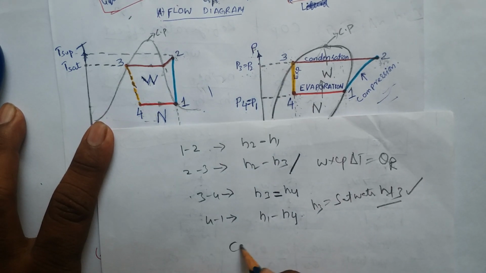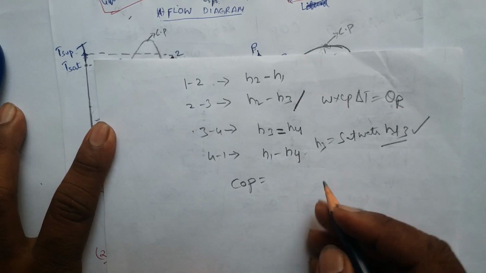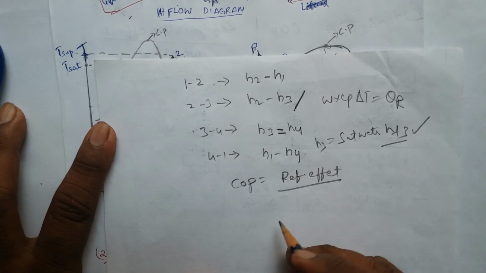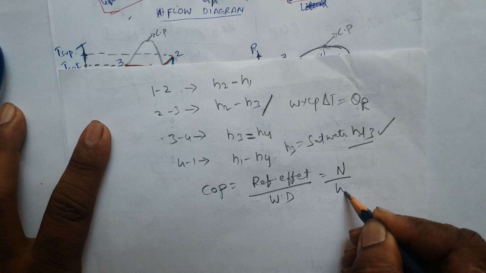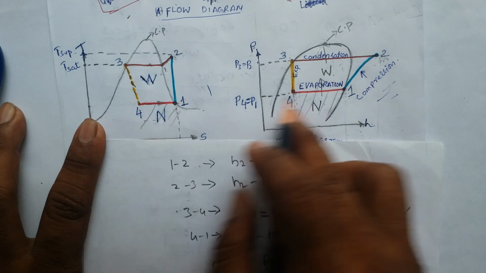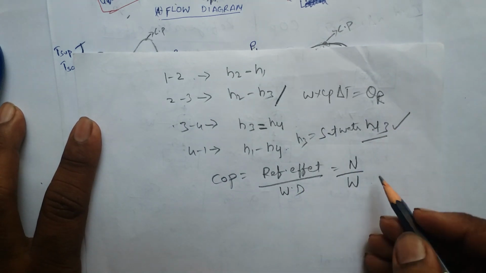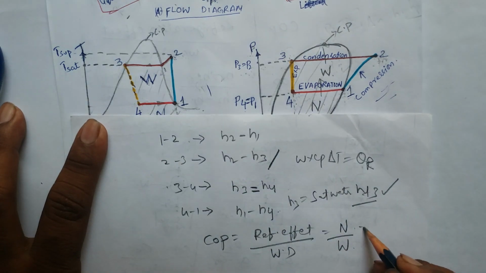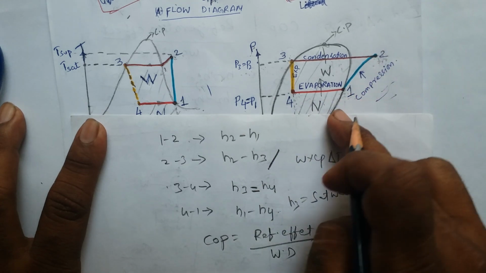So the COP of VCR is equal to the refrigeration effect divided by the work done by the compressor. The refrigeration effect is H1 minus H4, and the work done is H2 minus H1.